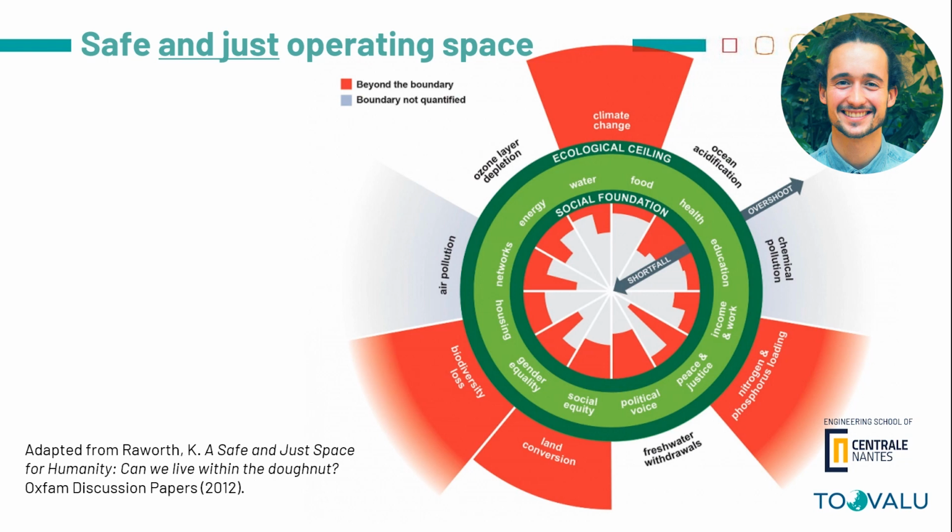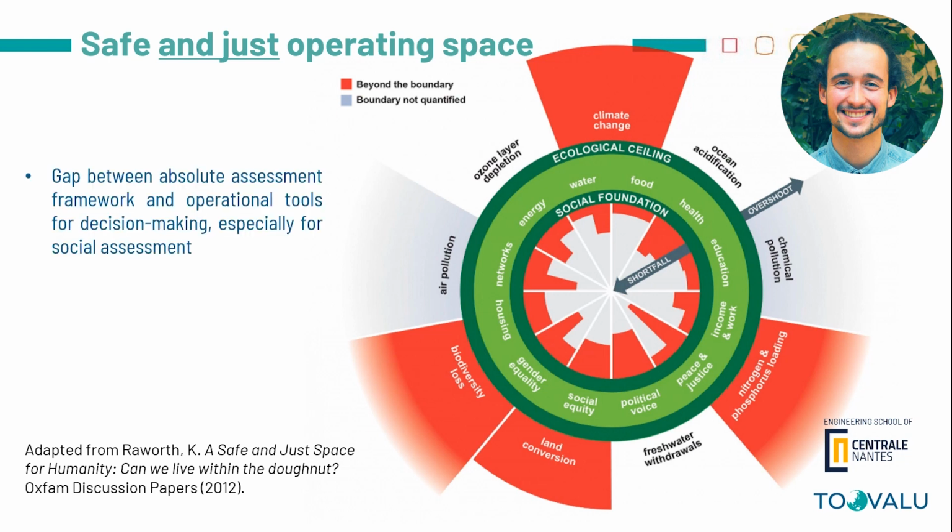So the most common, the most known planetary boundary is climate change, but as you can see here, there are 8 other planetary boundaries, and for the social foundation, it relates to the basic needs and also other essential human needs.